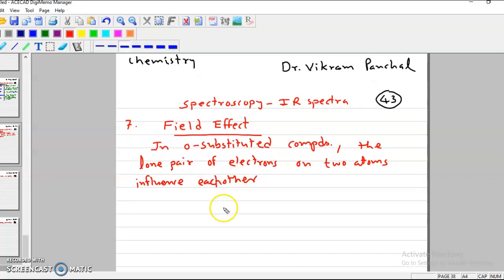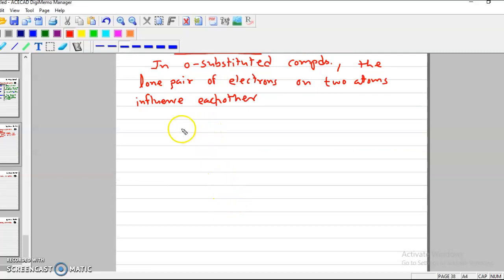For example, here we have a C double bond O group, and at the ortho position, if there is a halogen, then these two electrons repel each other and therefore they will change the geometry of this molecule.